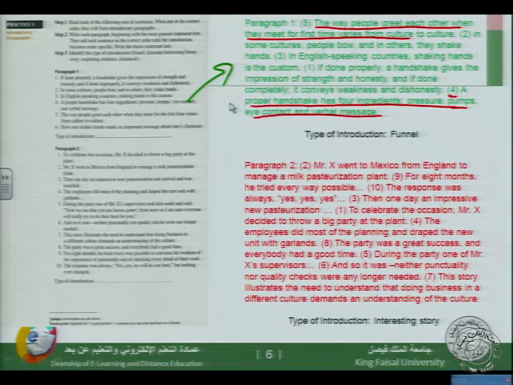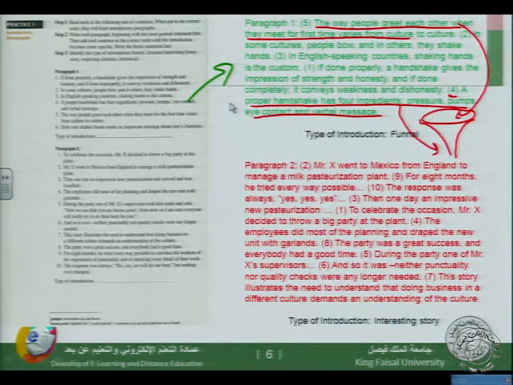This is a thesis statement. As you can see, it's just like a funnel. Do you know what is a funnel? It looks like this one. This is a funnel. Here it was mentioned in general, and then the idea narrows until it becomes specific here. Okay, this is the funnel.